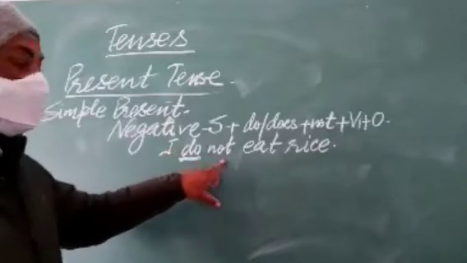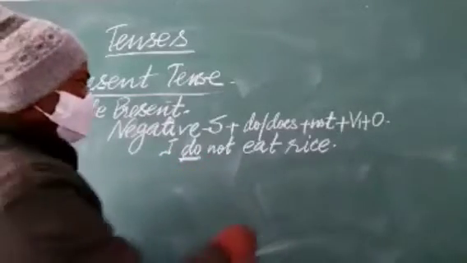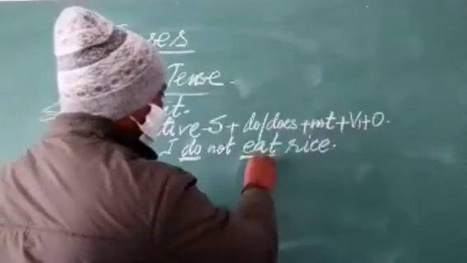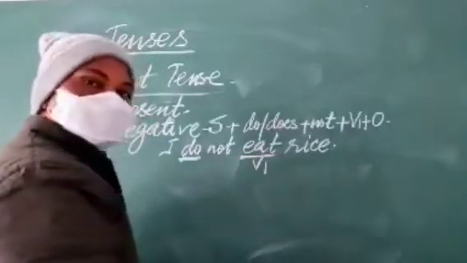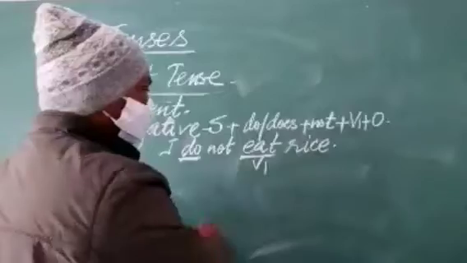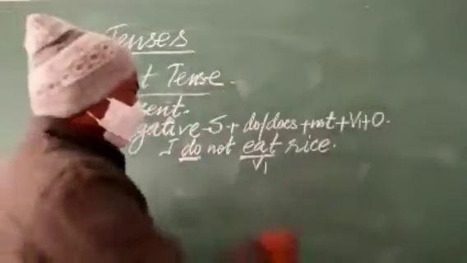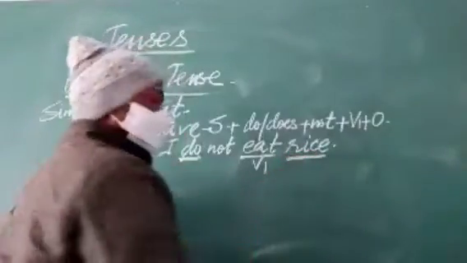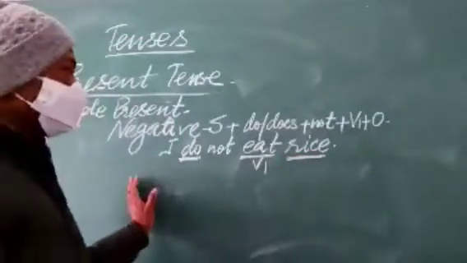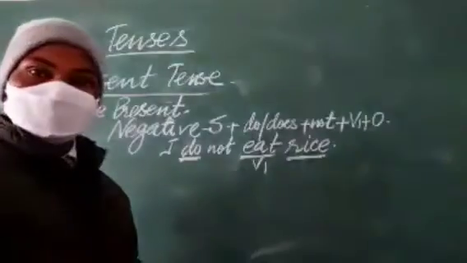I do not. First form of verb, that is V1. I do not eat what? Object, that is rice. I do not eat rice.